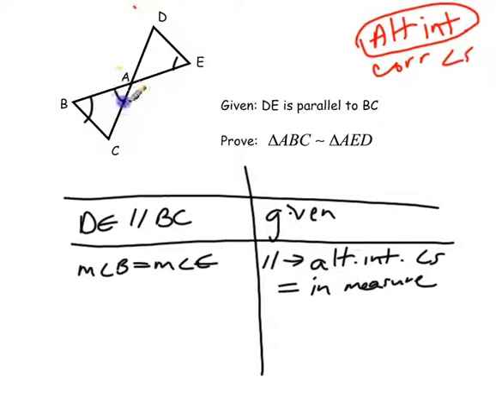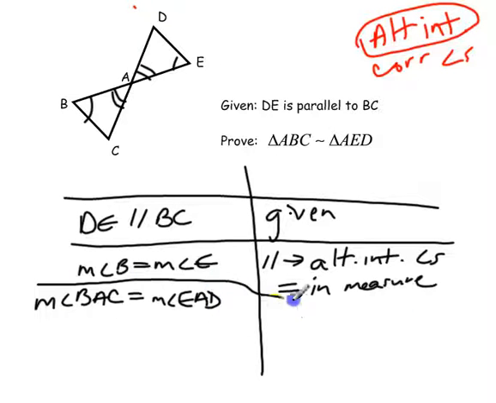We also said that we know that this angle is equal to this angle over here by vertical angle theorem. But we need to be careful not to just call it angle A, because there are multiple angle A's. So we're going to say the measure of angle BAC is equal to the measure of angle EAD by the vertical angle theorem.